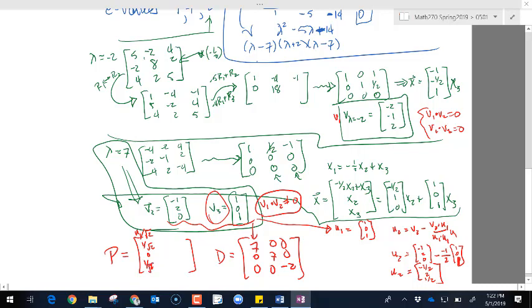The next one is harder to normalize, but I'm going to do the last one. 4 plus 1 is 5, plus 4 is 9, so that's 3. Negative 2/3, negative 1/3, and 2/3. And then whatever the norm of this is. Anybody guess?